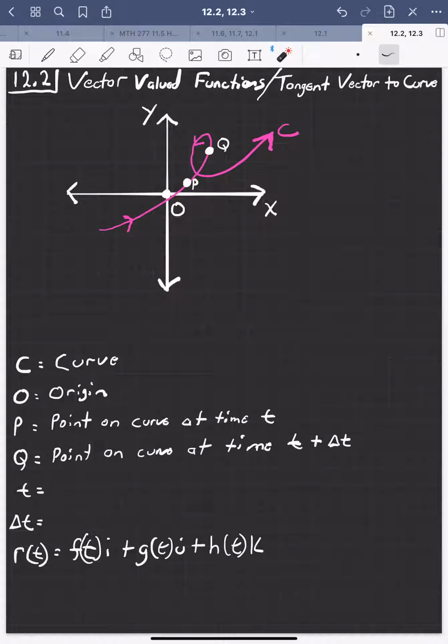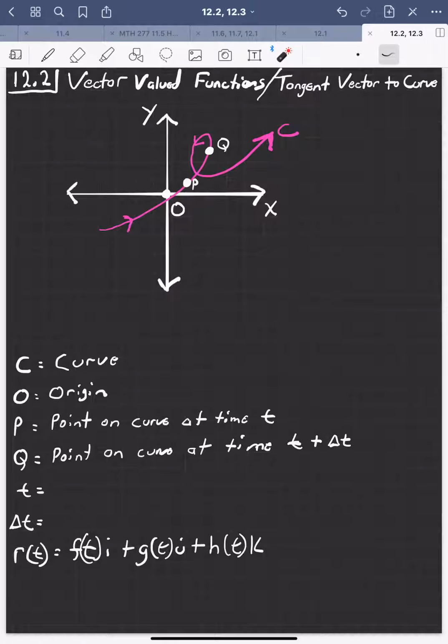So what we want to do is we want to start to think about what's happening at point P. So if we were only interested in position, right, then we don't really need calculus.